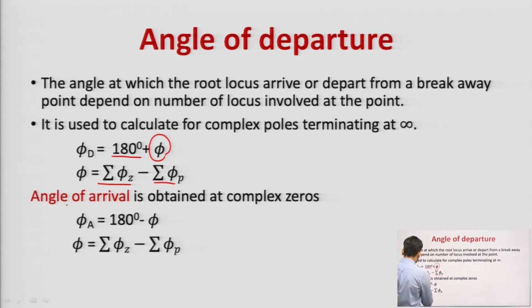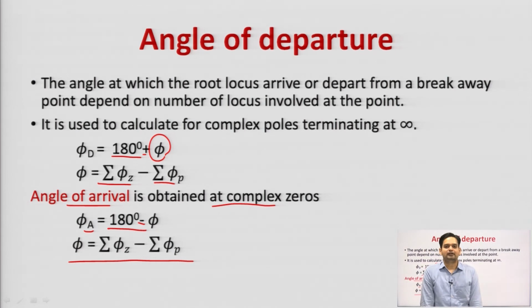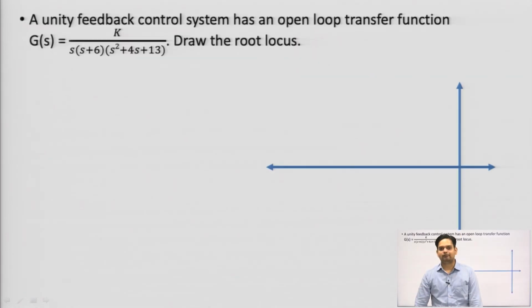In the same way, for angle of arrival, suppose complex zeros are here, then the formula phi a would be given by 180 minus phi. This sign will change, here it is plus, here it will be minus, and phi will remain the same, summation of phi z minus summation of phi p. To understand this concept, we need to solve this numerical.